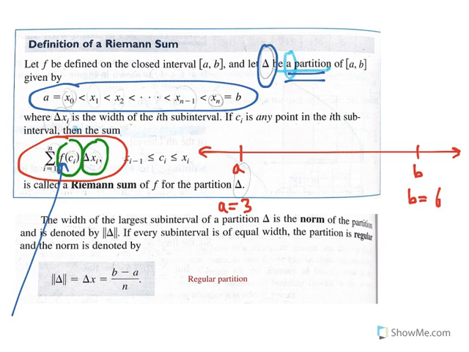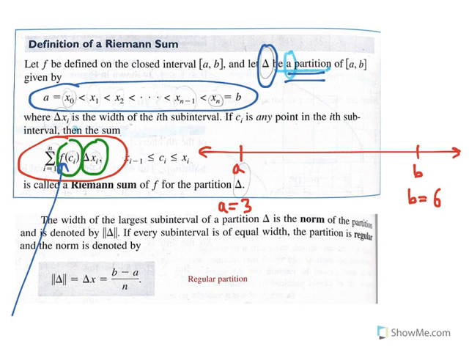So how will you divide that interval into subintervals? Any way you want, really, any way you want. You can divide it into a number of subintervals as you please. You can have 2 subintervals and they could be the same width. You can have 2 subintervals and they could be different widths.